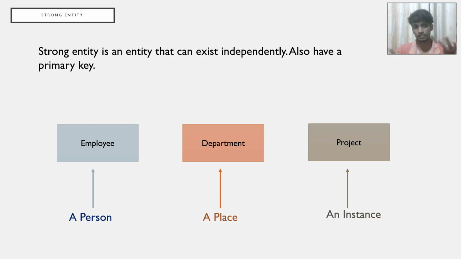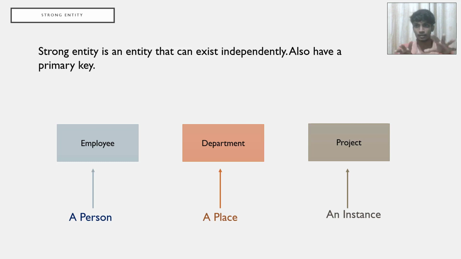By definition, a strong entity is an entity that can exist independently and also has a primary key. This is a very essential definition. Always remember, a strong entity can exist independently, which means it is not necessary to have any other relationship attached to this strong entity.